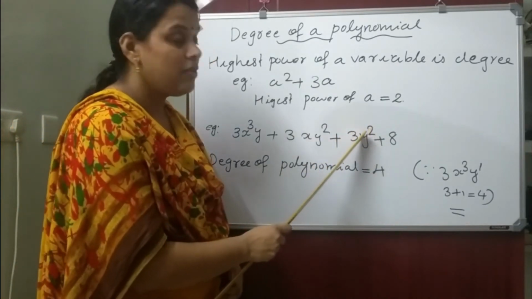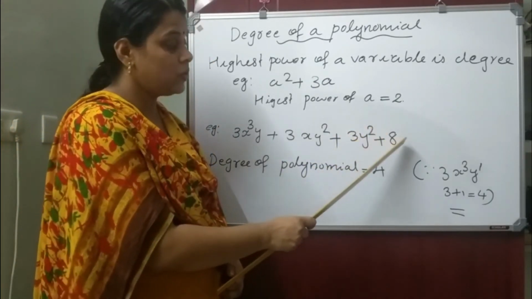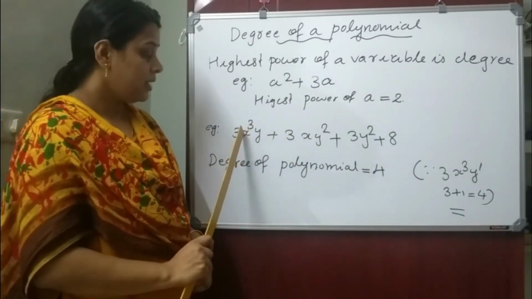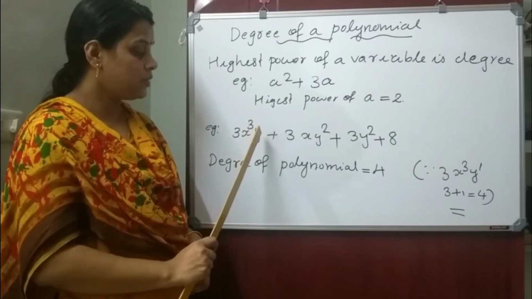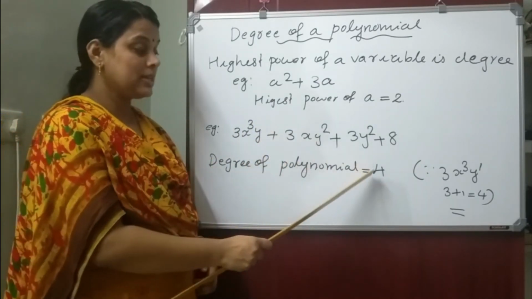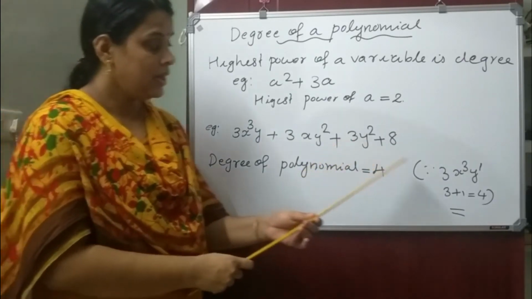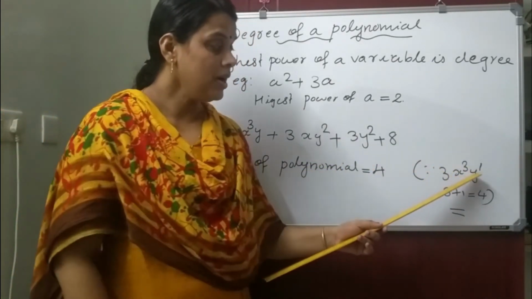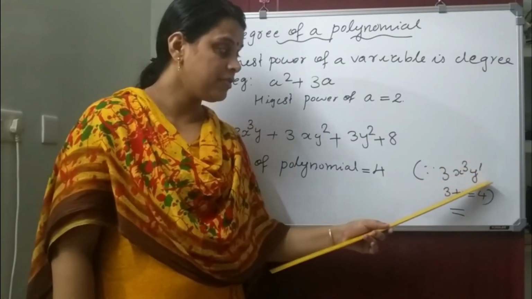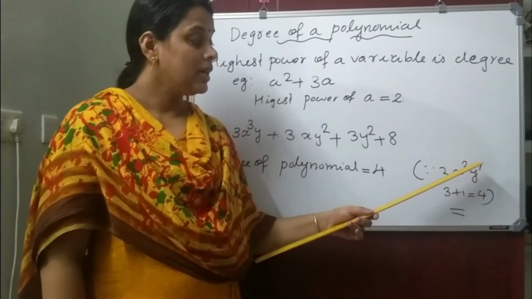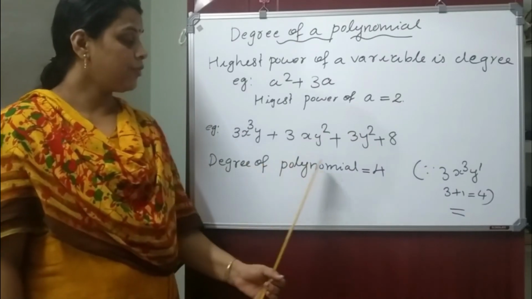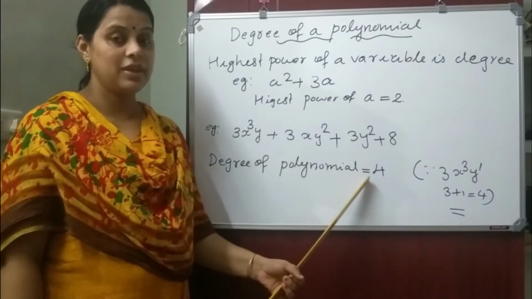Here, only one variable, y square. There is no variable here. So, what is the highest one? 3 plus 1 is 4. So, we can say the degree of this polynomial is 4. You understood? In the first term, 3x cube y, y is raised to 1, so 3 plus 1 is 4, that is the highest one. So the degree of this polynomial is 4.